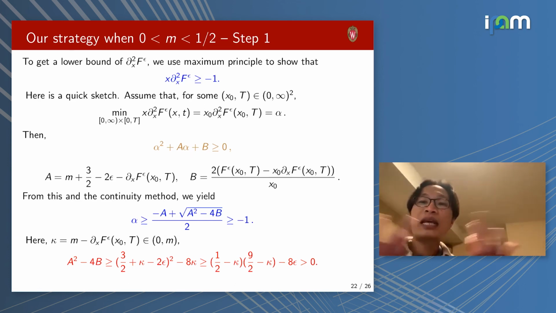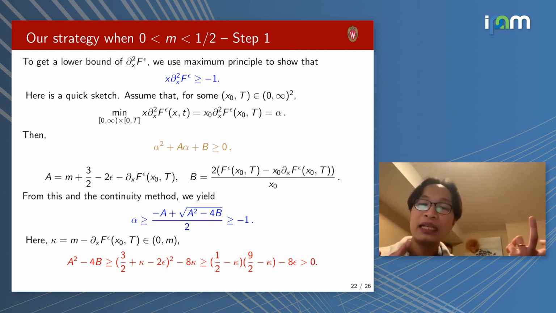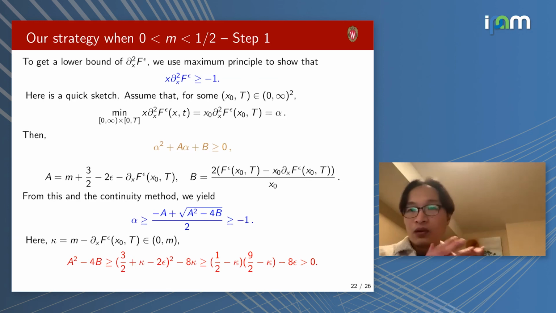Then of course it can happen two ways. It can happen that either alpha is greater than or equal to the bigger solution, or alpha is less than or equal to the smaller solution. And then we have to use the continuity method here to omit the other range. So we conclude that alpha has to be bigger than or equal to (-a plus the root of a squared minus 4b) over 2, which is greater than or equal to -1.